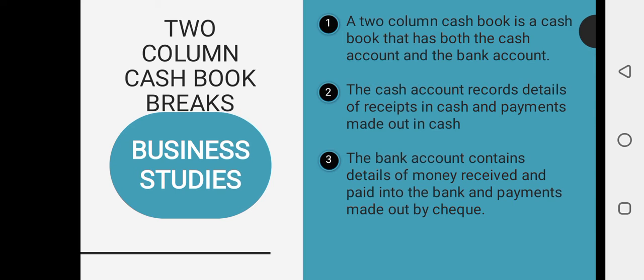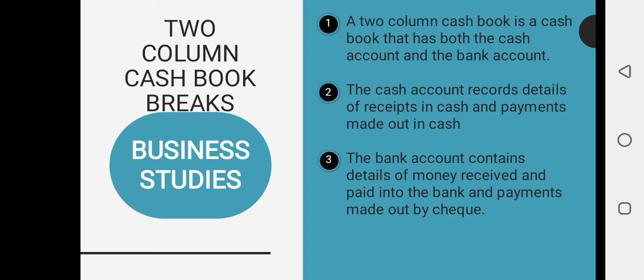Secondly, something you should realize and take note of is that the cash account records details of receipts in cash and payments made in cash. The cash account in the two-column cash book will only record details of receipts in cash and payments made in cash.